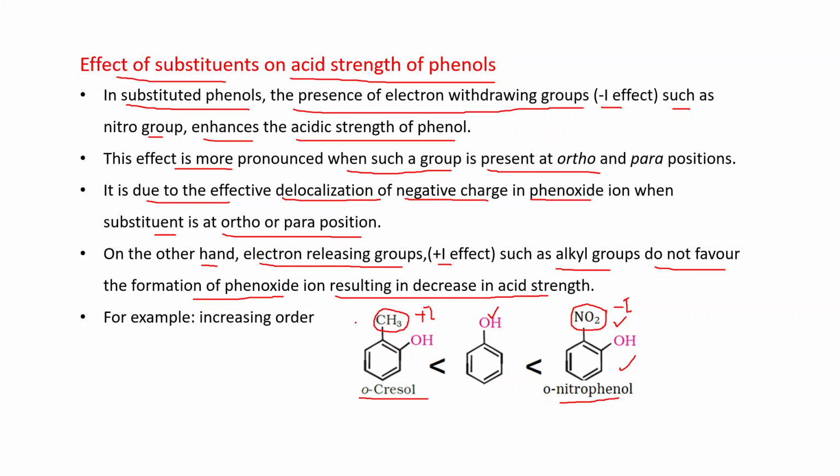While in the case of plus I effect of this, concentration of negative charge takes place. That's why it will not stabilize the phenoxide ion, and this will stabilize the phenoxide ion. That's why orthonitrophenol is the most acidic among these three, and orthocresol is the least acidic.